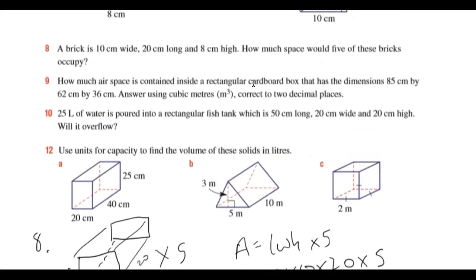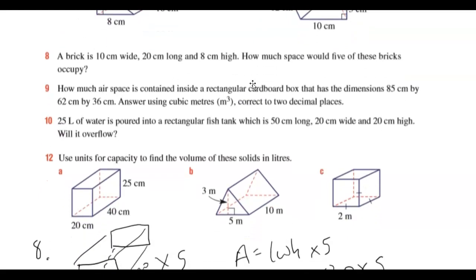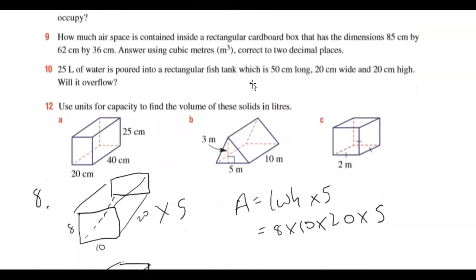Okay, question 10. Oh, it's getting closer. 25 liters of water is poured into a rectangular fish tank, which is 50 by 20 by 20. Will it overflow? Okay, so for this question, I might just talk you through it. What you need to do is find out the volume of this tank. So you'd just be doing 50 times 20 times 20.